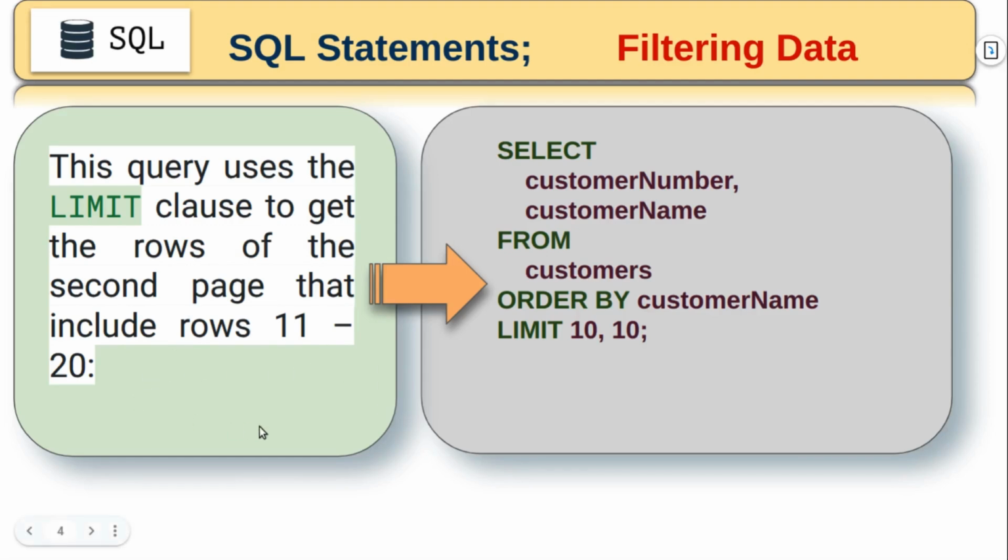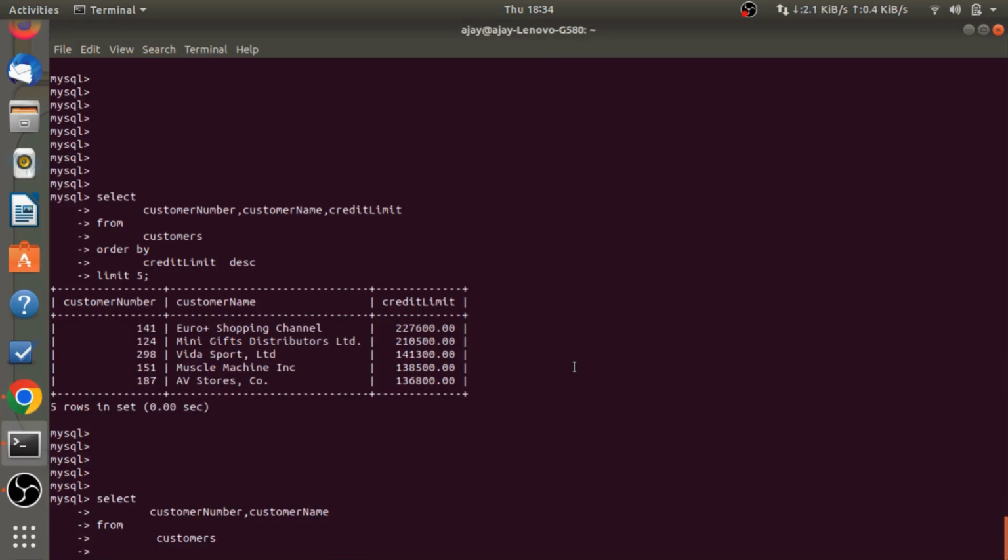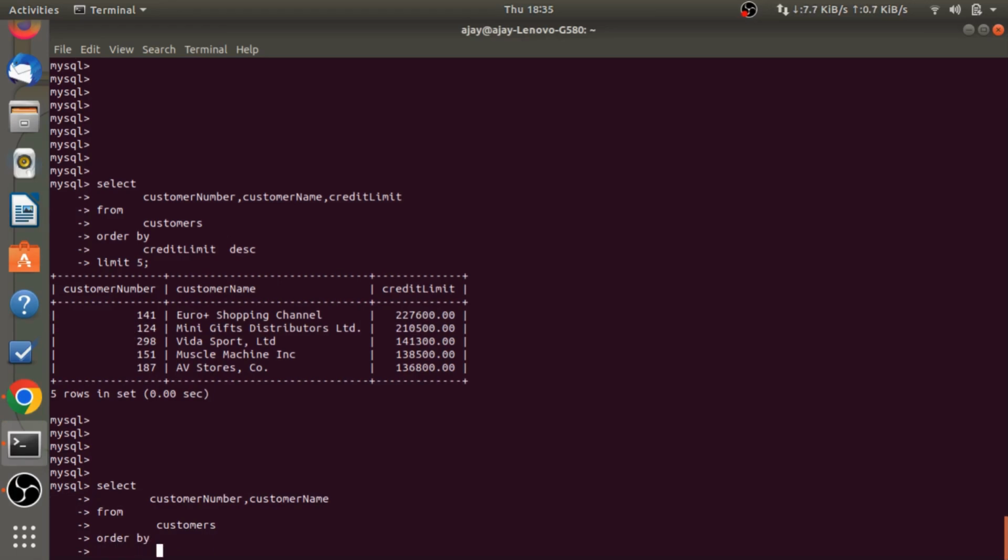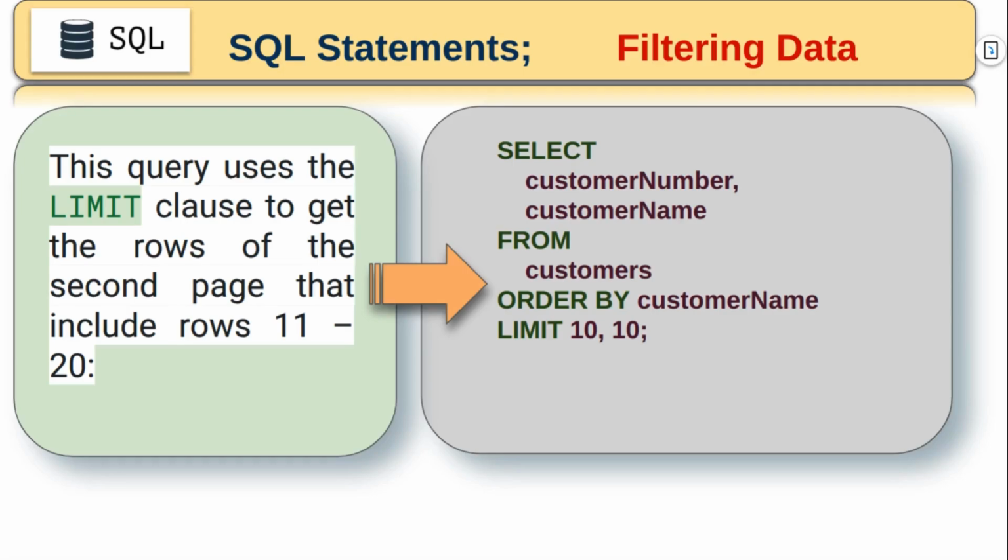So we have to display the customer names from the 11th row to the next 20 names. So SELECT, FROM, and ORDER BY. Which column do we have to order by? Customer name, obviously.